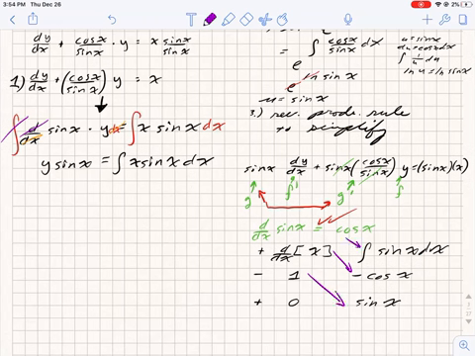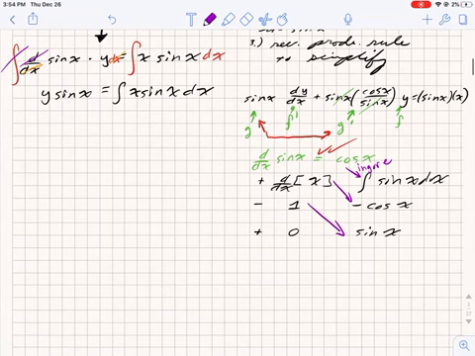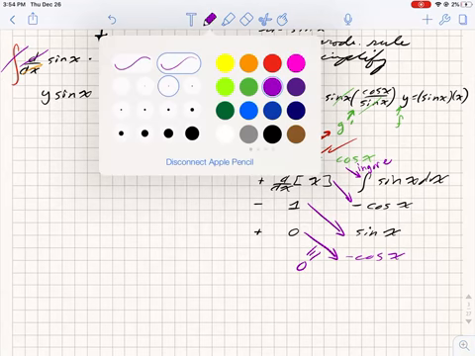We're going to go diagonal. Notice that this is ignored. And if we take another integral, sine x, negative cosine x, this is 0.